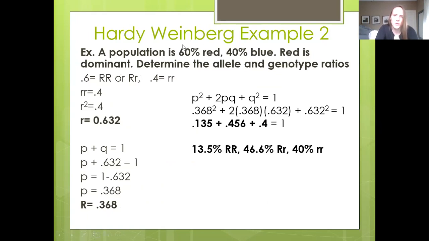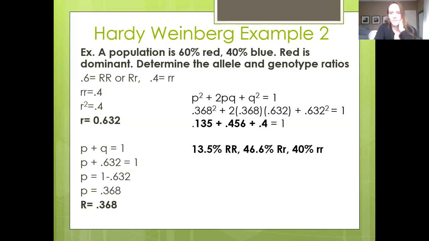So anytime you're given phenotype ratios, which is what this is, 60% red, 40% blue, red and blue are traits, so that is a phenotype ratio. And then it says red is dominant, it wants the allele and the genotype ratios.